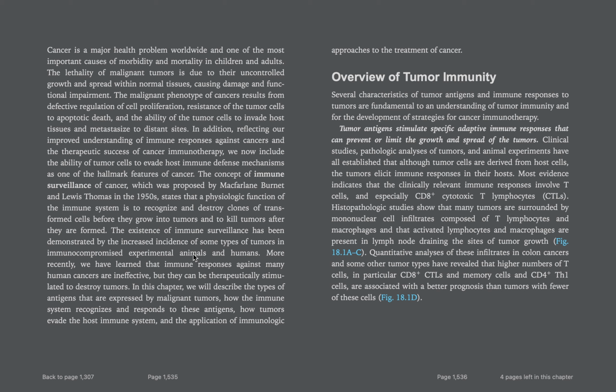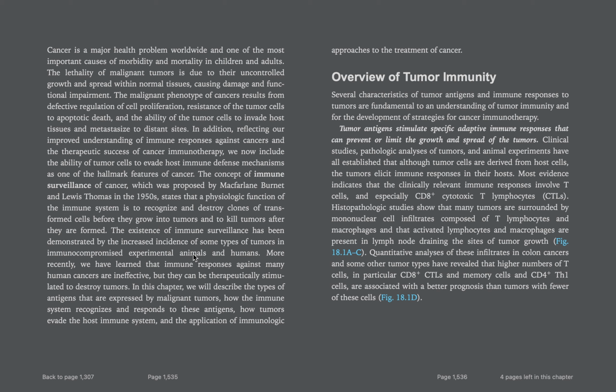The existence of immune surveillance has been demonstrated by the increasing incidence of some types of tumor in immunocompromised experimental animals and humans. More recently, we have learned that immune responses against many human cancers are effective, but they can be therapeutically stimulated to destroy tumors.